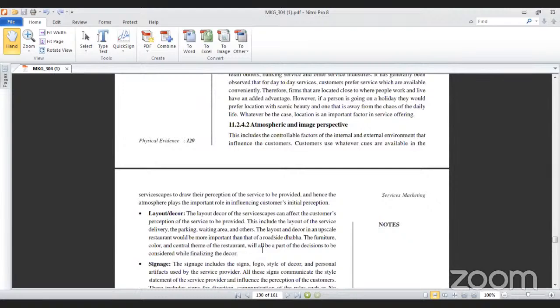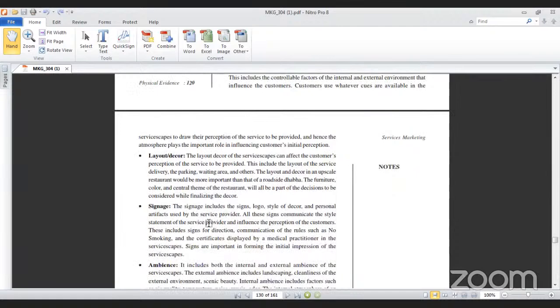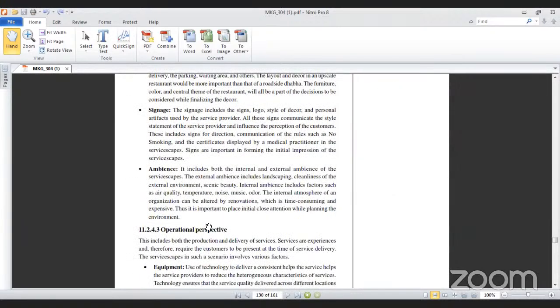The atmospheric and image perspective: first, room layout; second, signage, image.